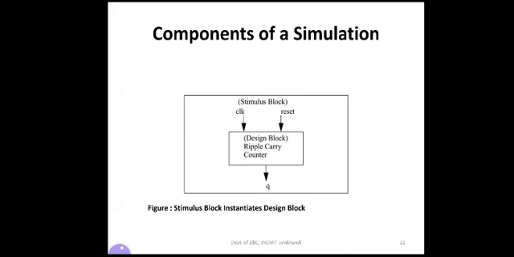There are two styles of stimulus application possible. In the first style, the test bench or stimulus block instantiates the design block and directly drives the signals of the design block.